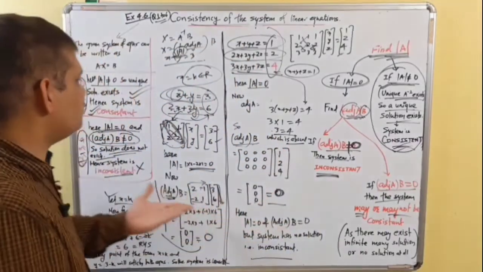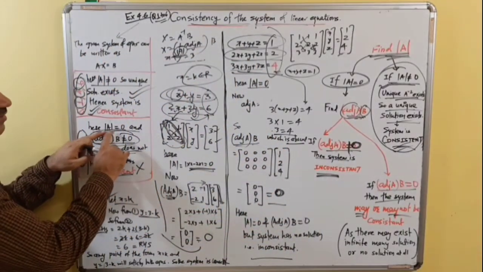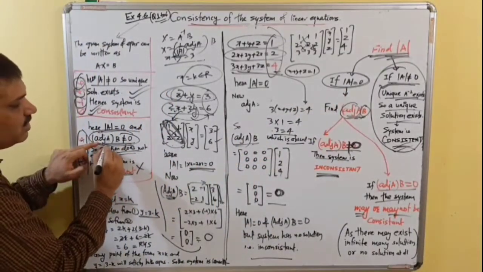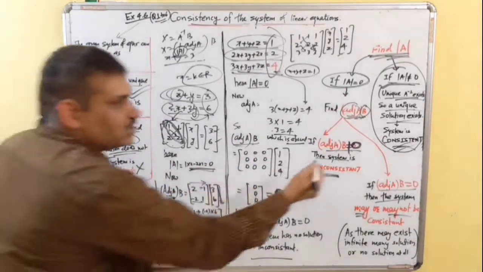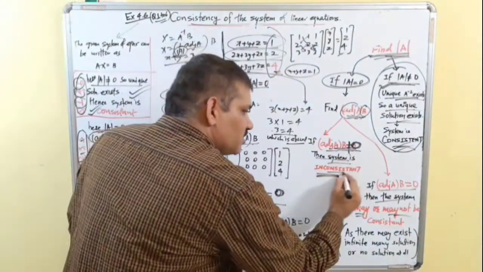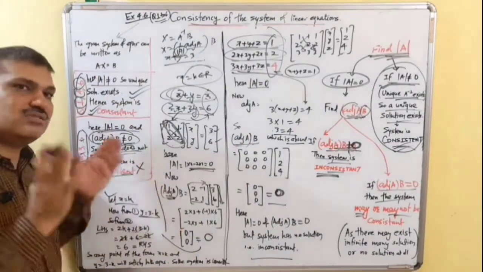But even in our textbook, whenever determinant A is 0, only those cases are given where adjoint A into B is non-zero. So adjoint A into B is a non-zero matrix, the system is inconsistent, and the solution does not exist.